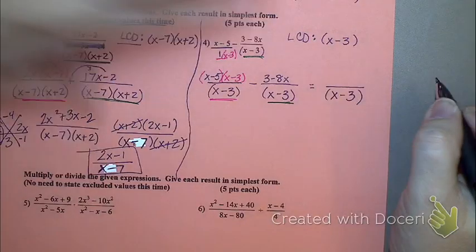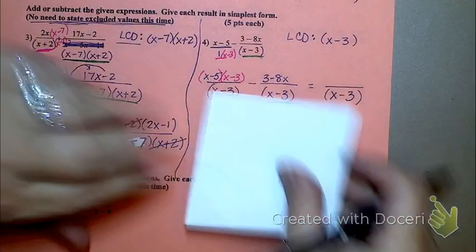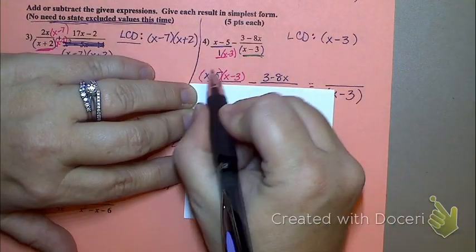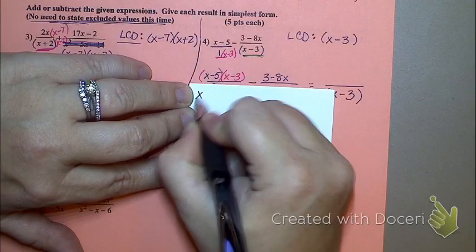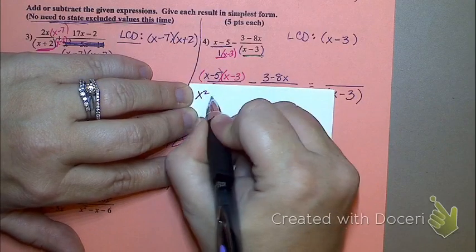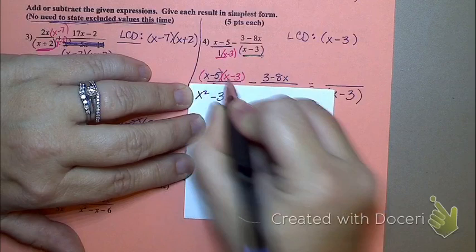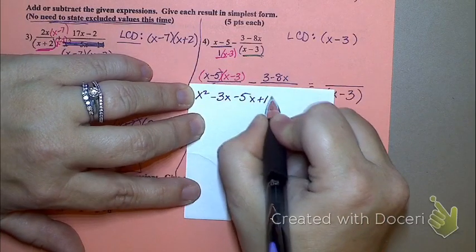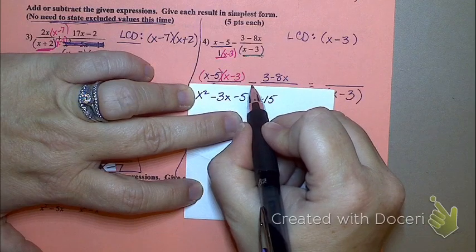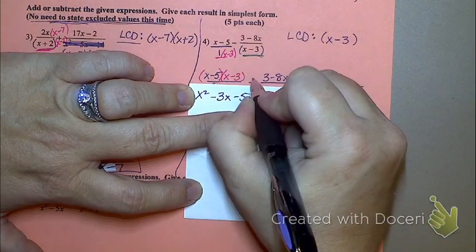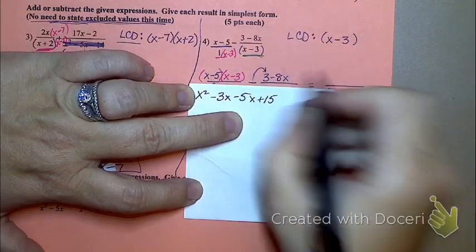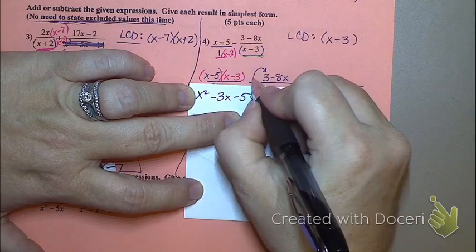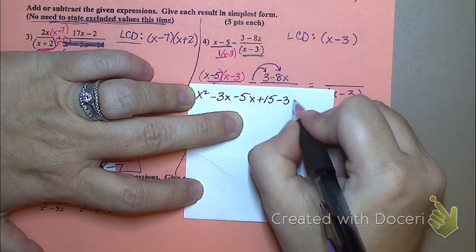Yes? And I'm going to get out my little cheat sheet here. I have x squared minus 3x minus 5x plus 15. Yes. And then do you see that this is a minus sign right here? This minus sign has to be distributed here. So I have minus 3 plus 8x.